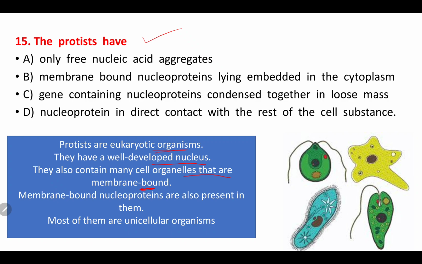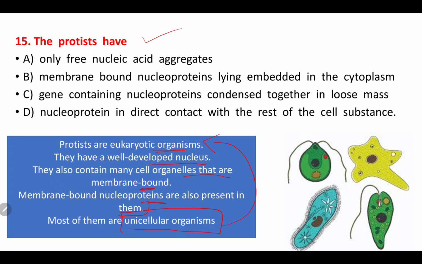Membrane bound nucleoproteins are also present in protists, and most of them are unicellular. That is why protists are considered unicellular eukaryotic organisms.